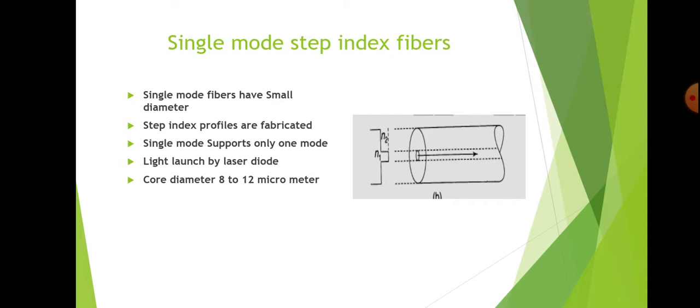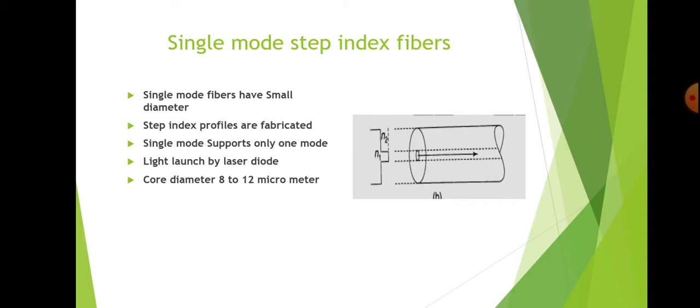In this, the refractive index of the core is uniform and it undergoes an abrupt change or step change at the core cladding boundary. That is, the refractive index profile has a uniform value at the core and it changes to another value at the cladding.